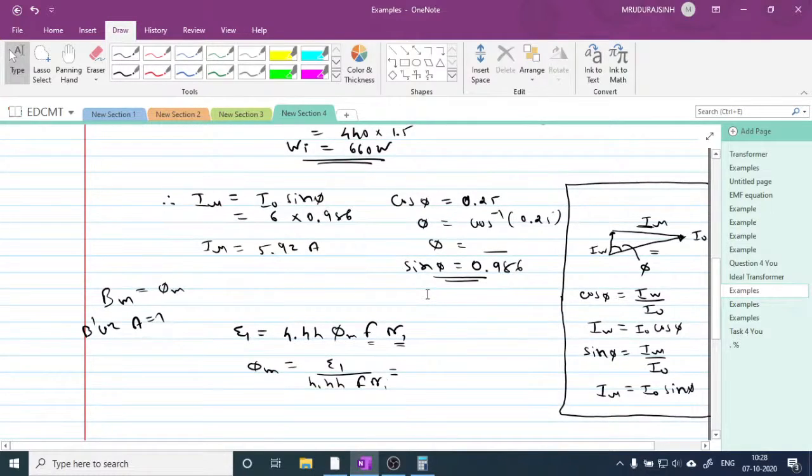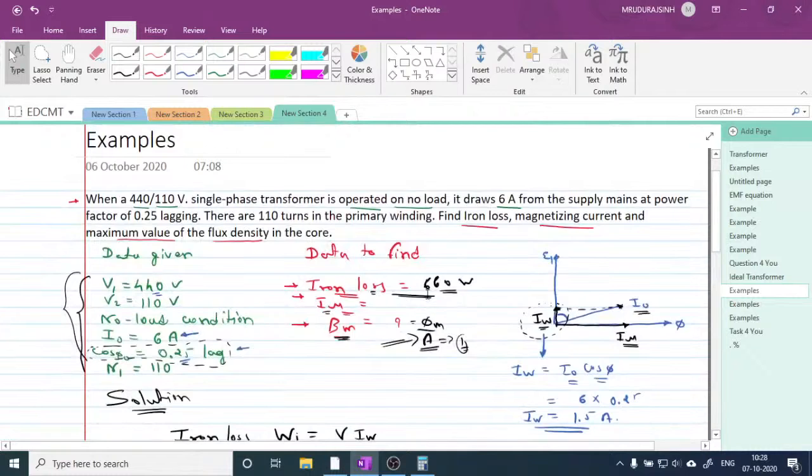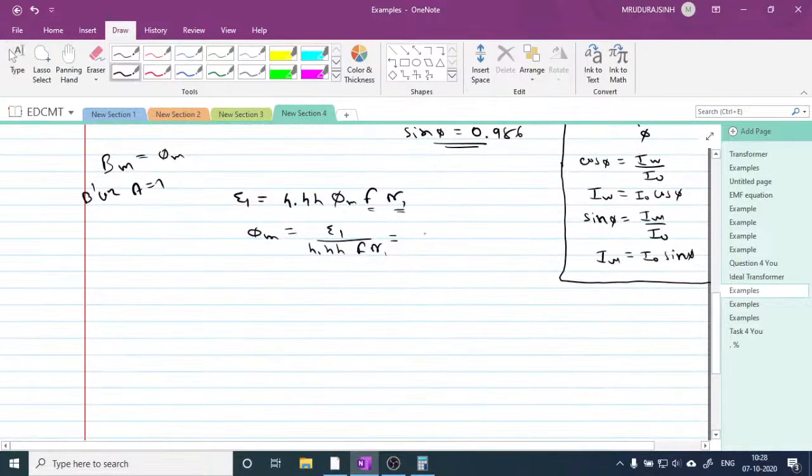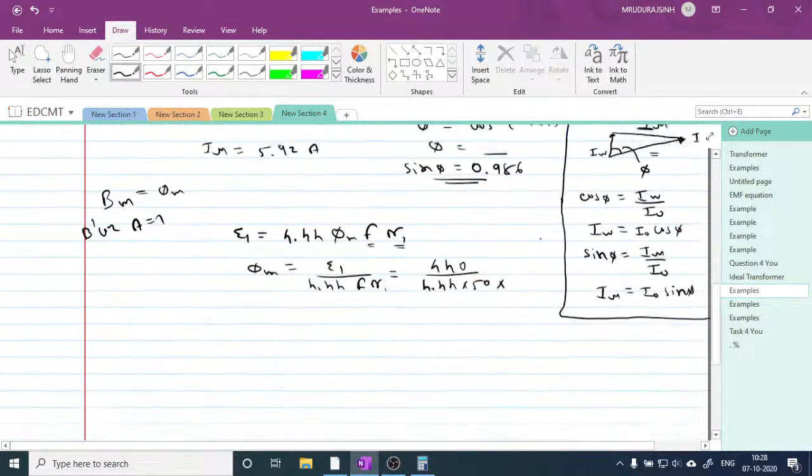Okay, let's move ahead. E1, that is our primary voltage, that is 440 volt. Now 4.44 f, the frequency, is 50 hertz, and n1 is the primary number of turns.